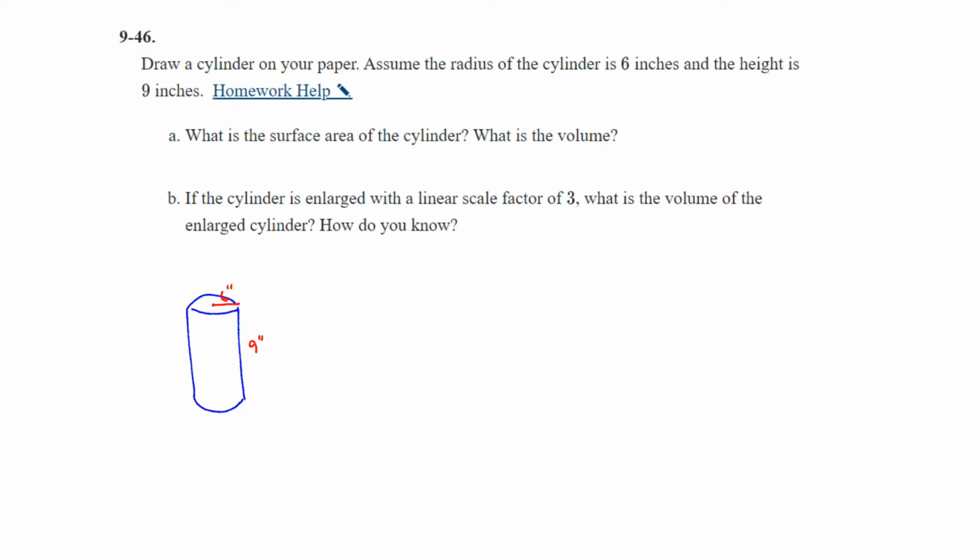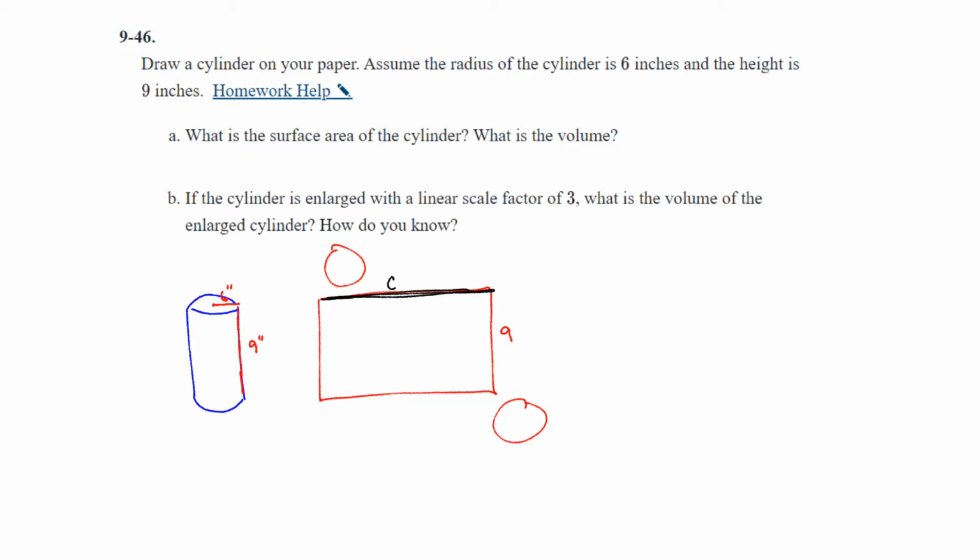So surface area, remember when you take a cylinder and you cut it along that line and open it up, it will form a rectangle. And then you'll have a circle, and then you'll have another circle down here. So for the surface area, you have this is your 9. This length right here, if you wrap it back up, would be the circumference.